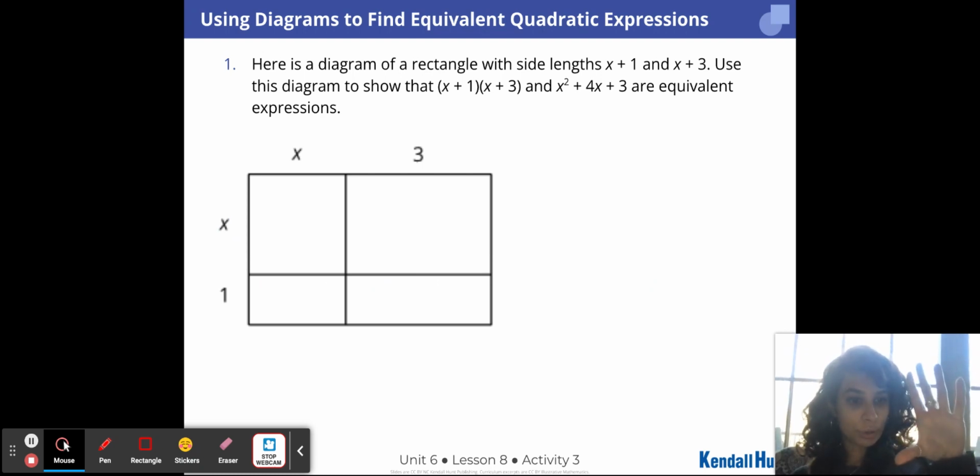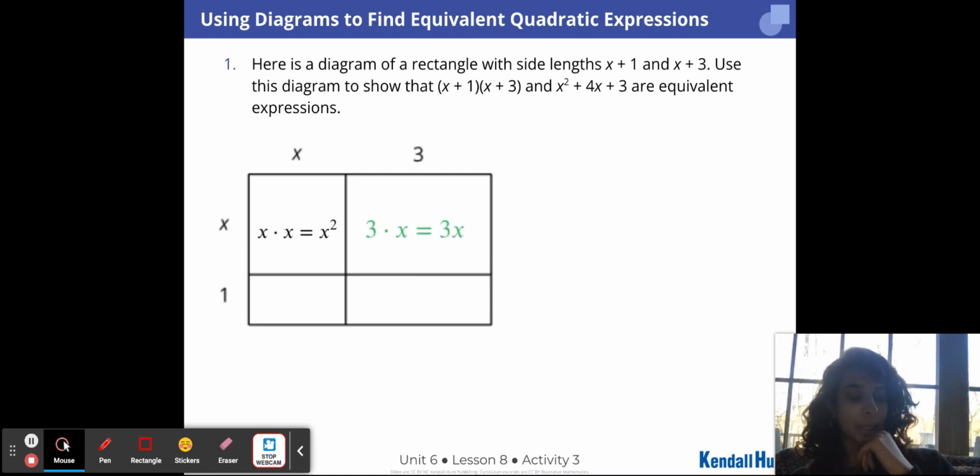Same thing. You're going to take your two numbers, the number from the top and the number from the left. x times x gives me x squared. 3 times x gives me 3x. x times 1 gives me x. 3 times 1 gives me 3.